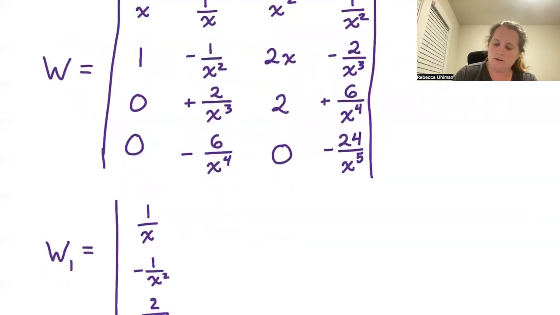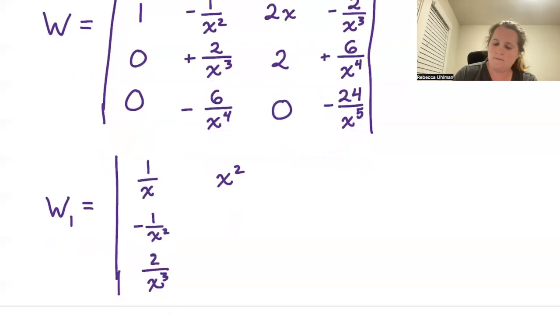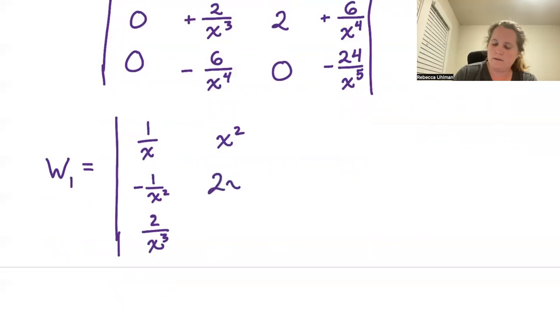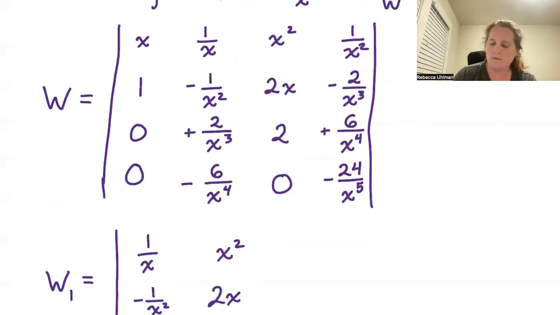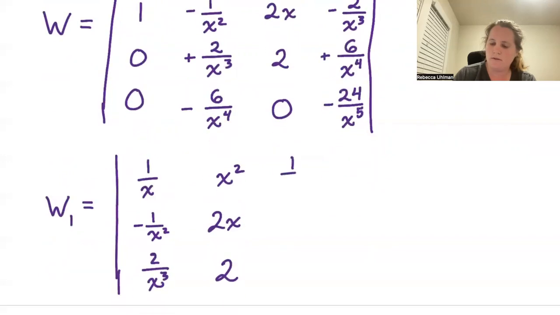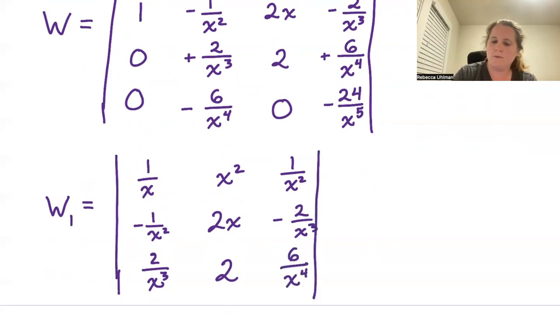Then we have x squared, 2x, 2. And then we also have 1 over x squared, negative 2 over x cubed, and 6 over x to the 4th. So this W1 is the determinant of this matrix.